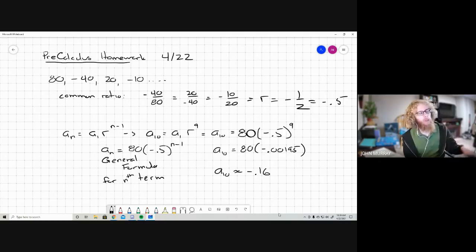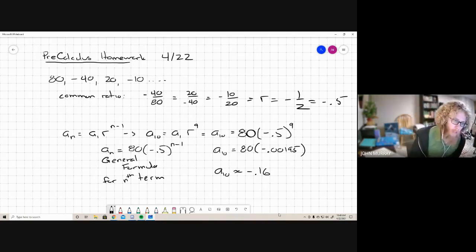Now, this wasn't terrible. You could have actually just kept dividing by -0.5. So 80 divided by... I'm sorry, times -0.5. I'm just doing this to see if we can get a fraction value for the 10th term, because it might be a little easier doing fractions.